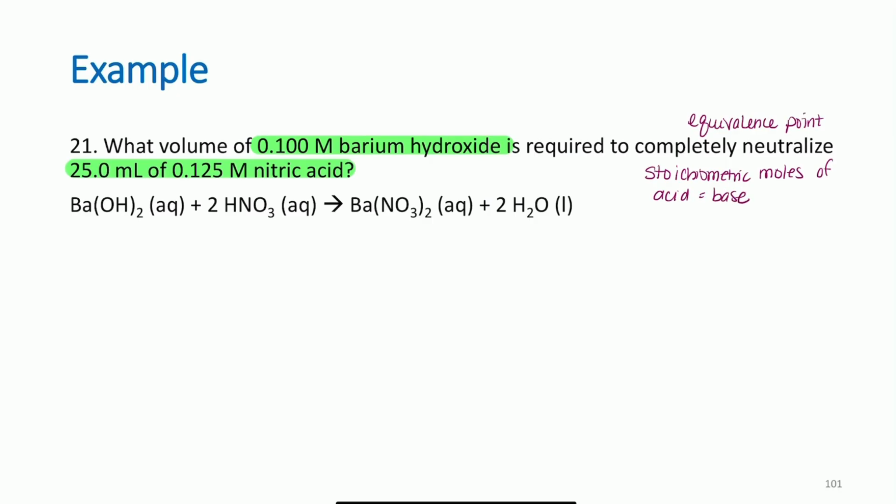I say stoichiometric ratios because I've got 2 moles of acid for every 1 mole of base here. So I want to know the volume of barium hydroxide needed. So how many mLs of barium hydroxide solution did it take to reach this point?